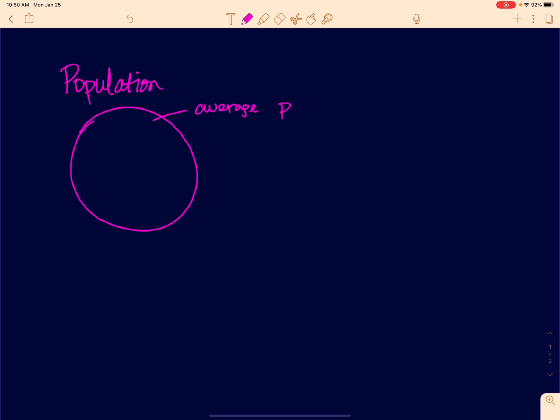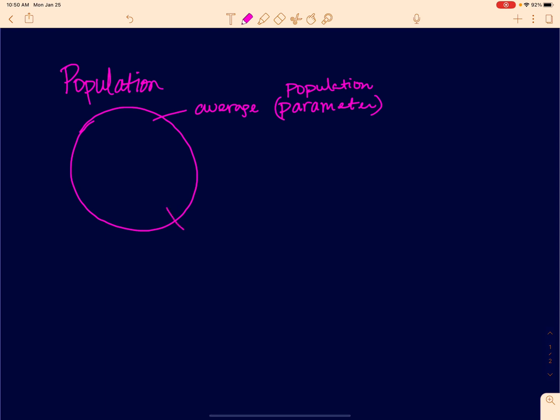And the parameter is going to be that center. So this is called a population parameter. If I'm talking about the height of seniors in high school, the population parameter would be the average height of all of them.